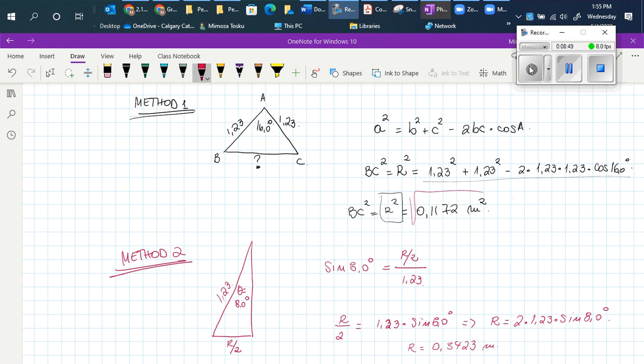So when you square this, you will have 0.1172 meters squared, and I'm squaring it because this is the value that we will use to calculate the force.